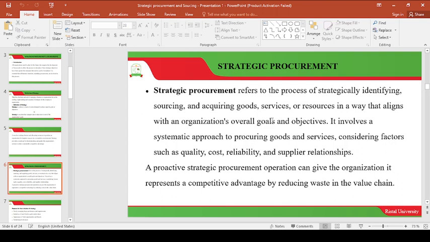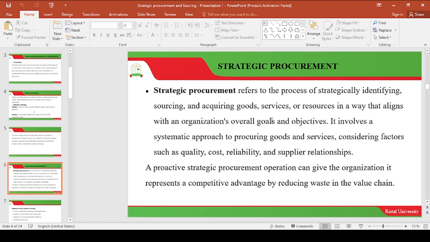So a proactive strategic procurement operation can give the organization a competitive advantage by reducing waste in the value chain. So if there is no waste, waste can be time or money. If employees are just redundant, then it means that the organization will lose a lot of money in paying these employees who are just seated, they are not doing work.